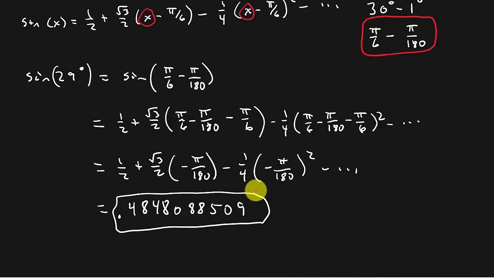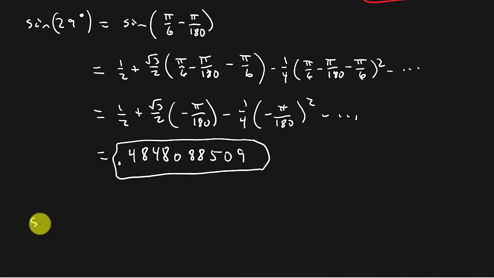And so that is our approximation. Okay. Now let's see what we actually get when we plug that into a calculator. So if you punch in sine 29 degrees in the calculator, you get 0.4848096202.